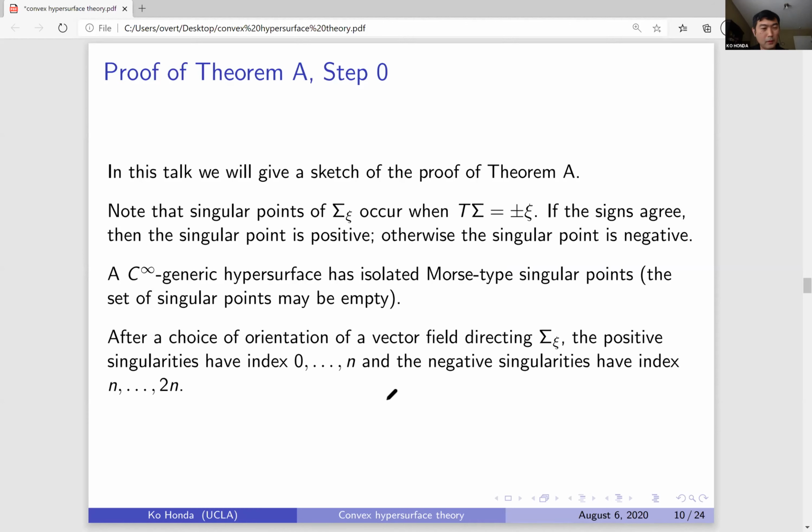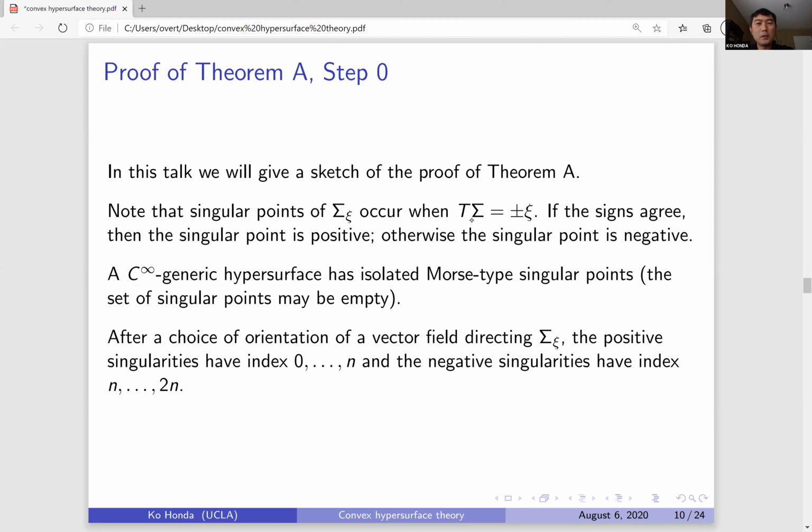Okay, in that case, we'll proceed to a sketch of the proof of Theorem A. So in step 0, what we do is the following. The first thing to notice, we have to do some preliminary stuff. So the singular points of the characteristic foliation occur when the contact structure is tangent to the hypersurface.